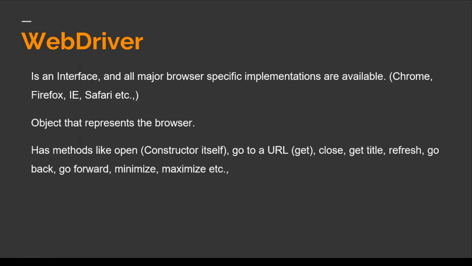And it has methods like open, which we saw the constructor itself. When we say new Chrome driver, new browser window will be open, and go to any specific URL, we saw this method get, and we saw this method as well close, which closes the browser, and get title, we saw this method as well. And it has several other methods like refresh, go back, go forward, minimize, maximize, etc.